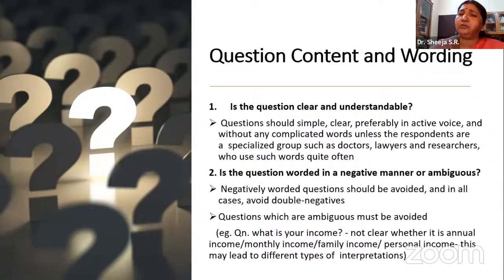If you just ask what is your income, different interpretations are possible. So all respondents may not be giving the same answer. So you should be careful while framing such questions.